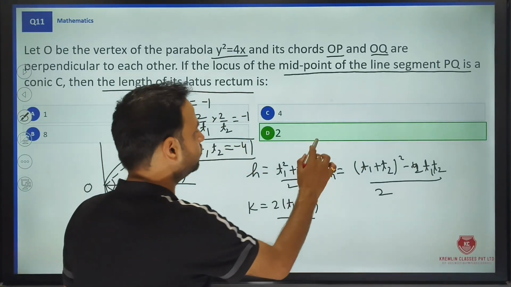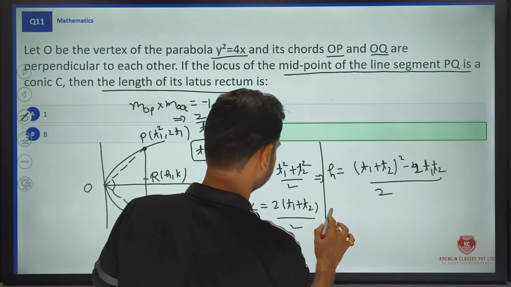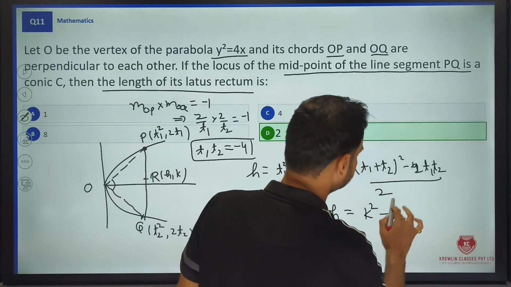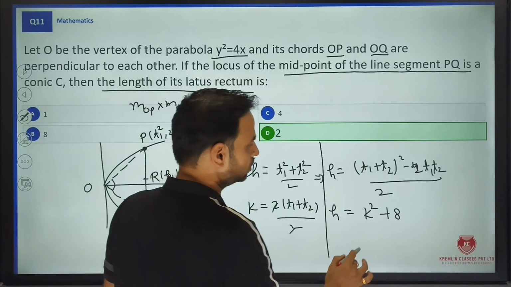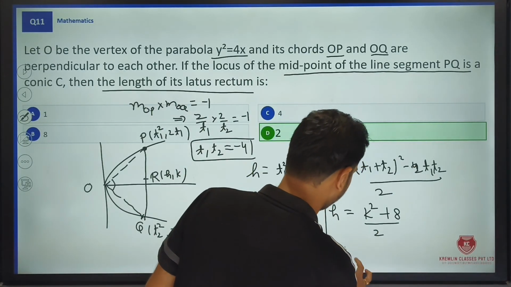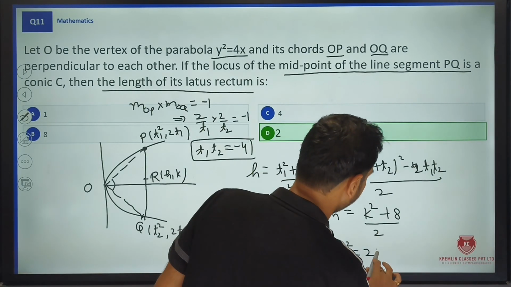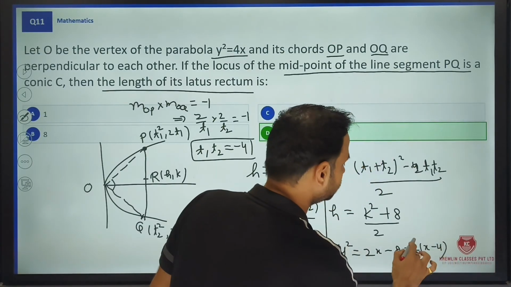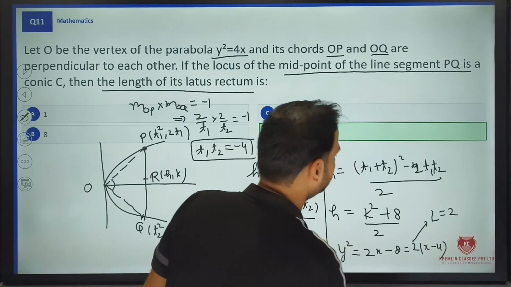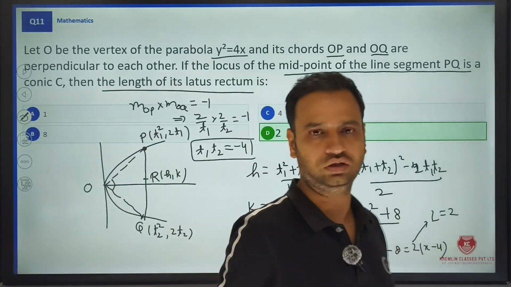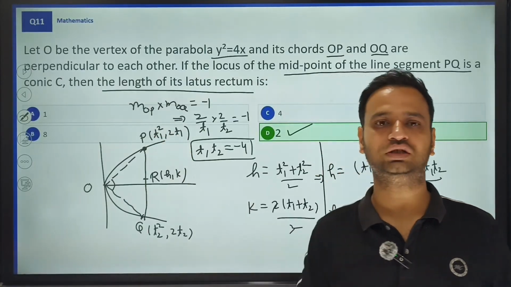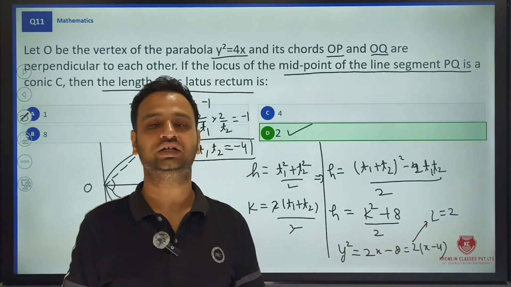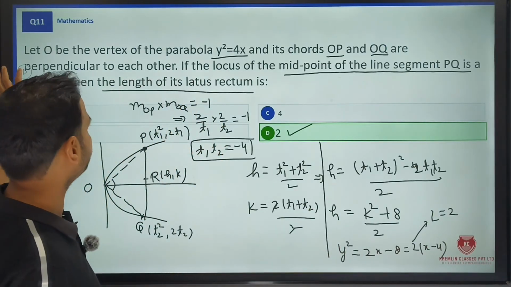Okay, we are placing the values. k equal to t1 plus t2, so k square minus, plus 8, because it is -4, upon 2. So y square equals 2x minus 8. This is the curve. So the length of the latus rectum of the given conic is the answer. Okay, basically we have to find out the locus. So the locus was y square equal to 2x minus 8, and the length of the latus rectum is given by 2.